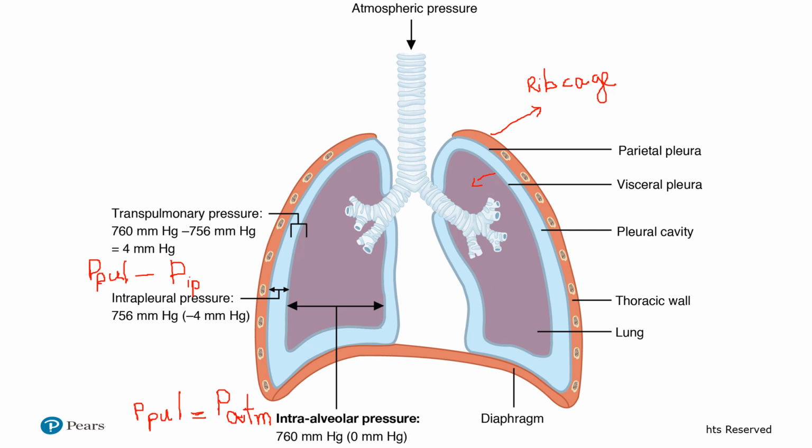So the natural recoil of the lung is to move inwards. The lungs' elastic recoil wants them to move inside.